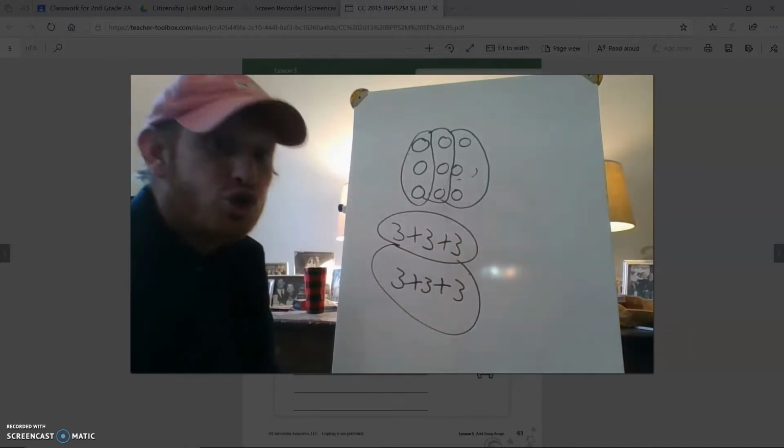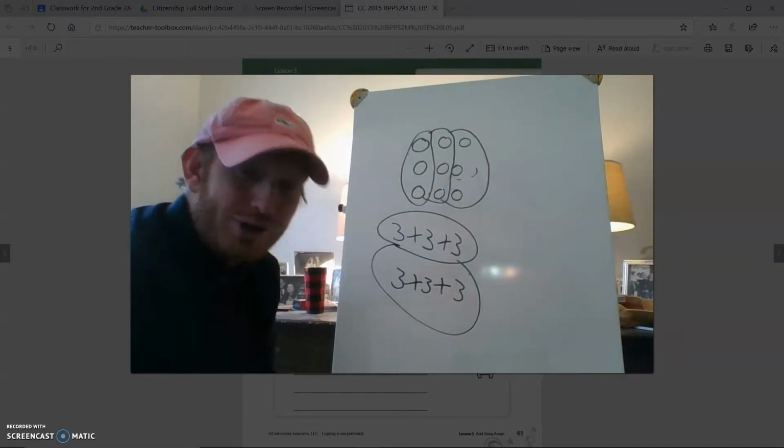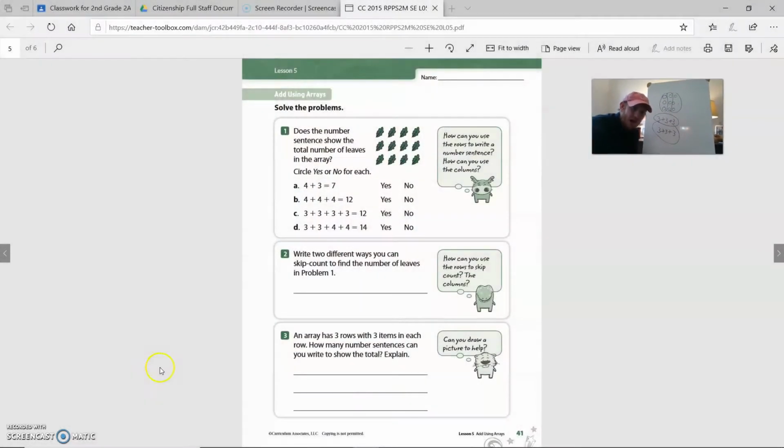But you can still do it either way. So for our answer here, we would put, you can only write one number sentence because the rows and columns are the same.